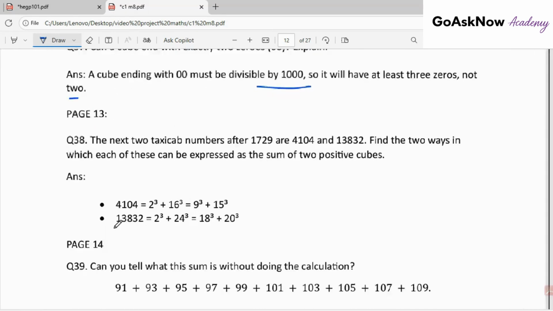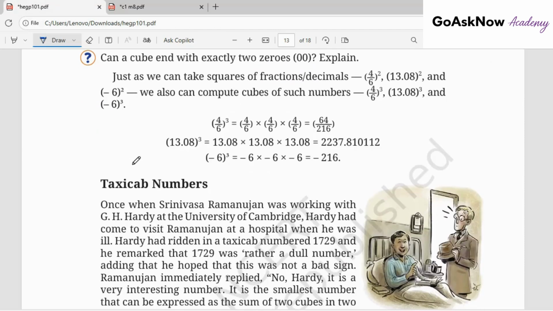Next, we can also take squares of fractions or decimals, such as 4 by 6 whole square, 13.08 square and minus 6 square. We can also compute cubes such as 4 by 6 cube, 13.08 cube and minus 6 cube. Here 4 by 6 cube, we have to multiply 3 times: 4 into 4 into 4, which is 64, and 6 into 6 into 6, which is 216.